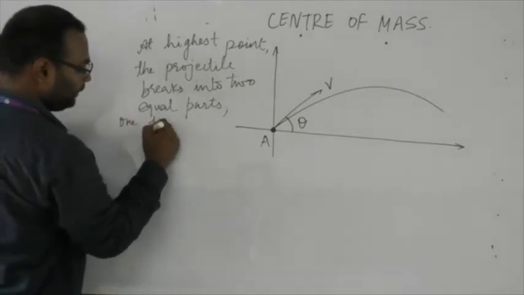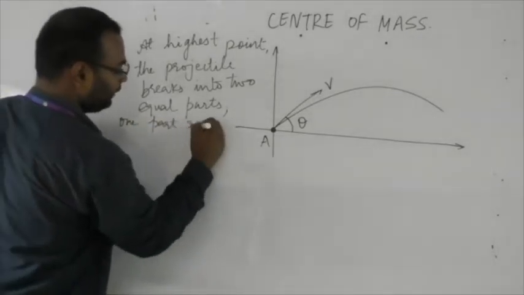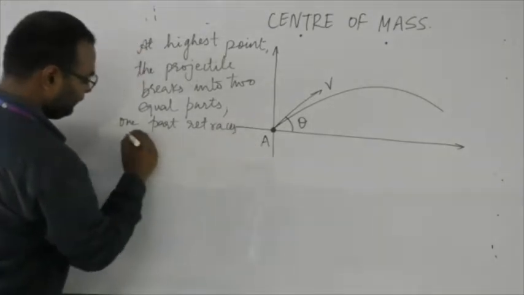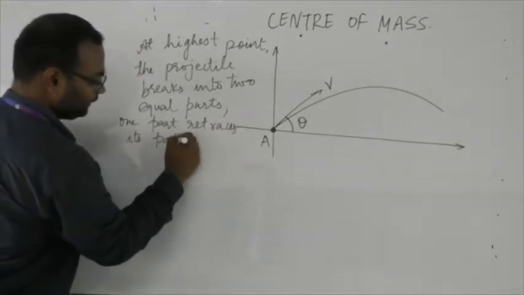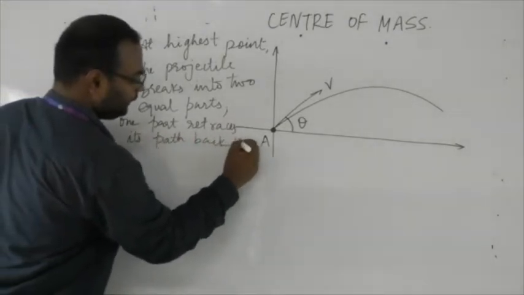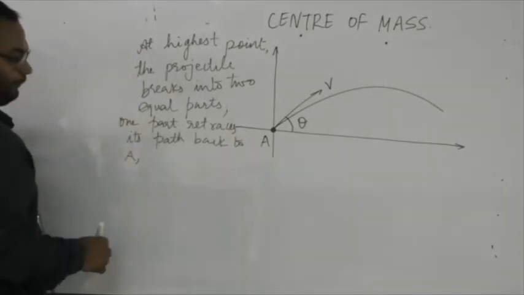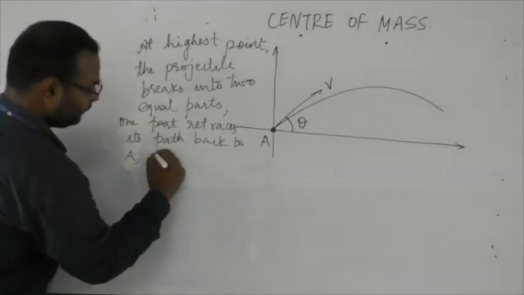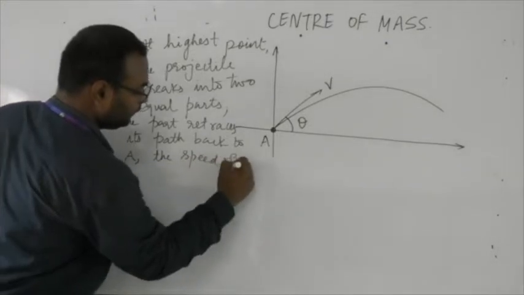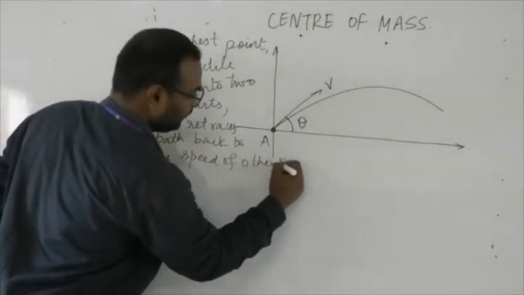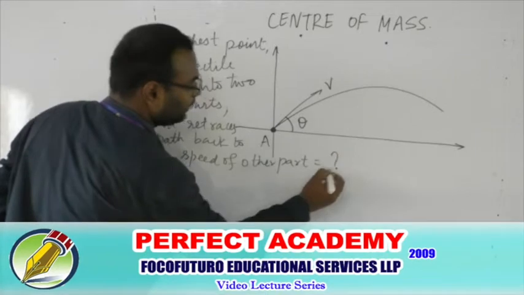One part retraces its path back to A. The speed of the other part is what?